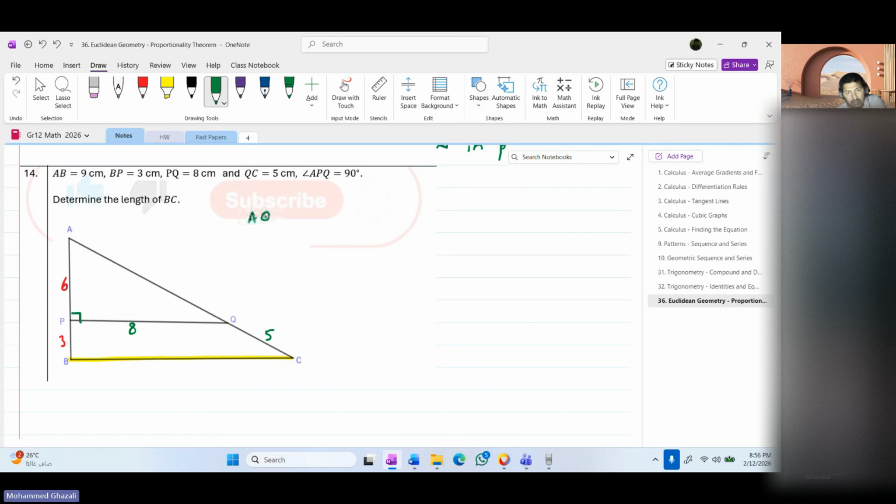AQ is equal to the square root of 8 squared plus 6 squared, which is 10. So we can write down 10 here. We have a 90 there, a 10 there. Are these lines parallel? No.